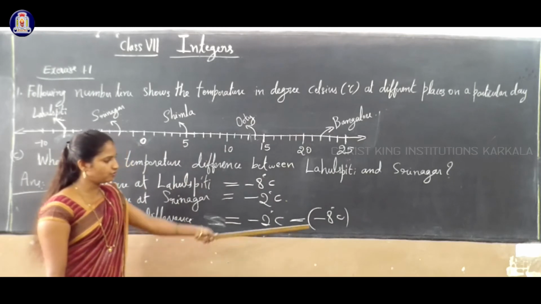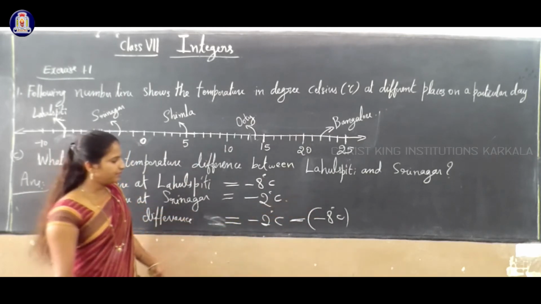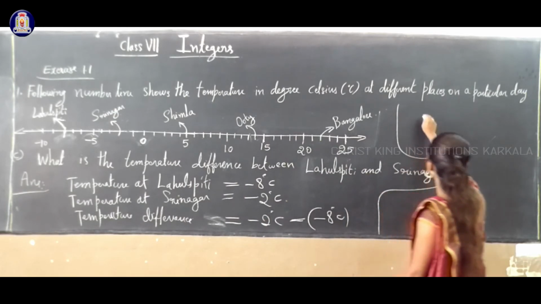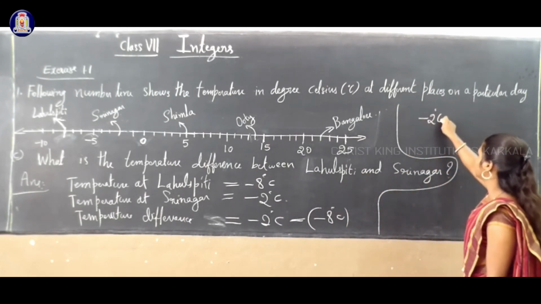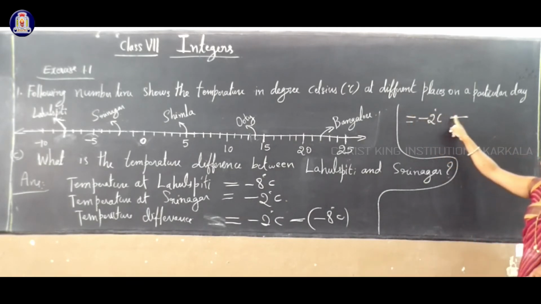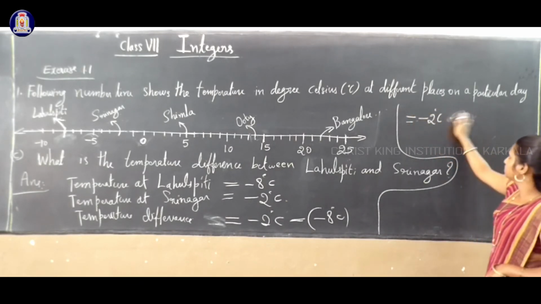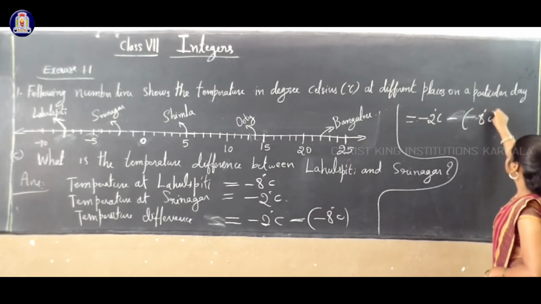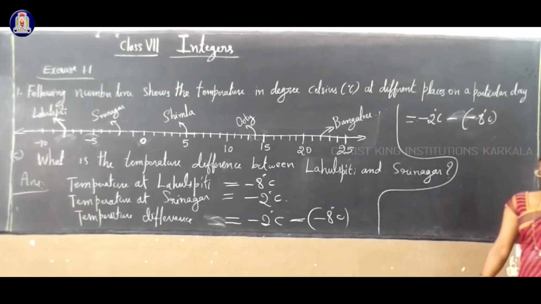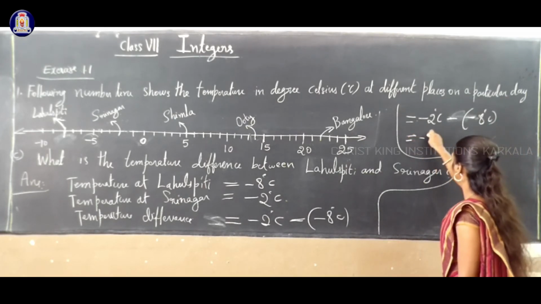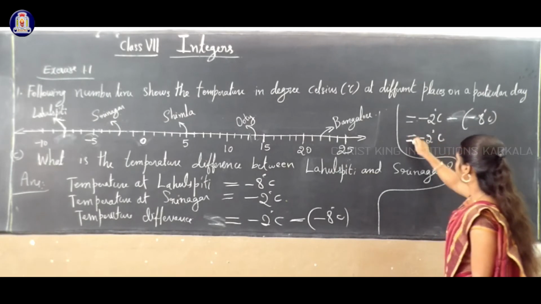Clear? Difference you have to find, right? So you write minus here. Then what do you have to subtract? You have to subtract -8 degree Celsius. So first write the integer -2 degree Celsius as it is.